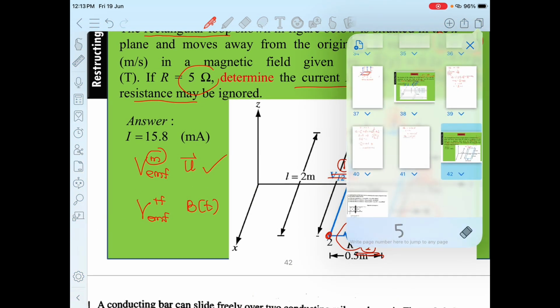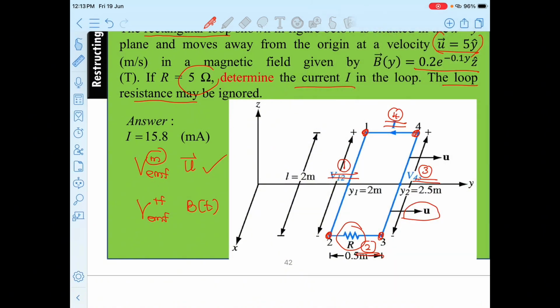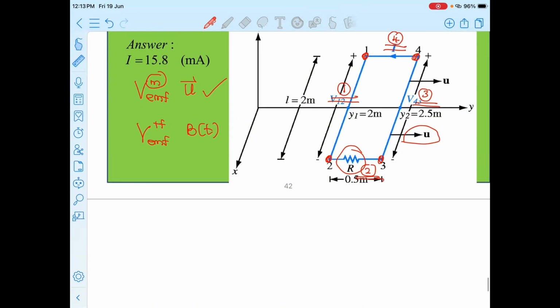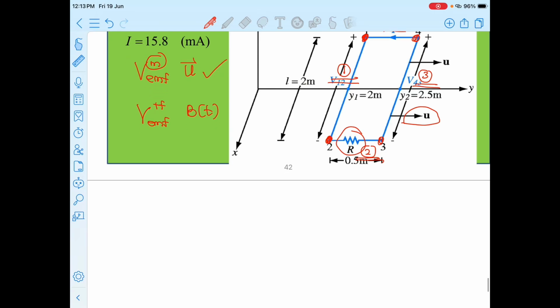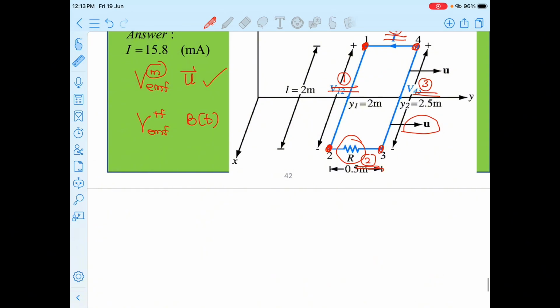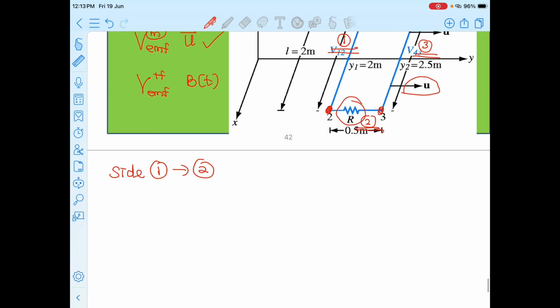Now let's look at the section from 1 to 2, this wire. For motional EMF, we use this formula: integral of u cross B dot dl.